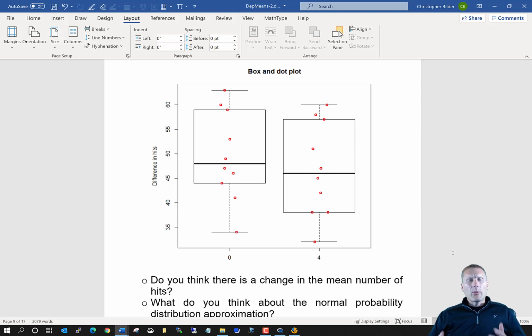Based upon what we learned for independent samples, when we look at this box plot, we would say, hey, there is a lot of overlap between time 0 and time 4 hits. That overlap might make me think there's really not much difference between the population means. Well, what we're seeing here is the problem with the extra variability one would have with independent samples.